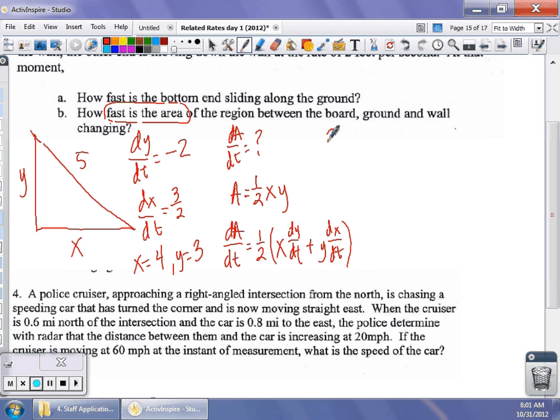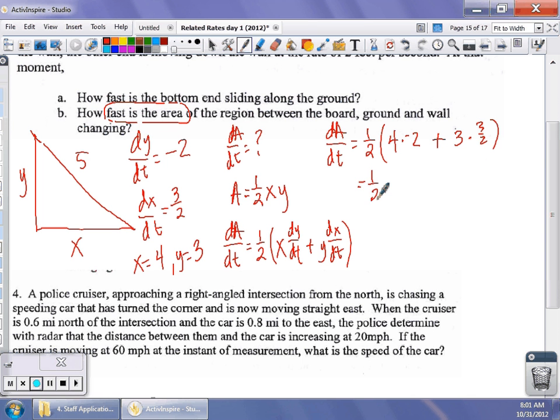All right, so now we can substitute in our values. dA/dt, the rate of change of area, is 1/2 of x is 4, dy/dt is negative 2, plus y is 3 and dx/dt is 3/2.